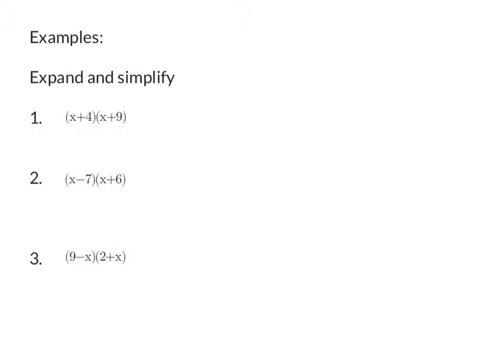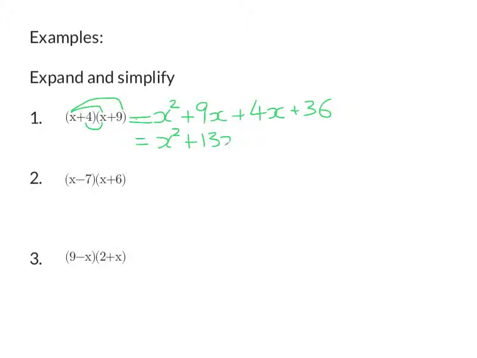Right, so I'm going to speed up significantly now. If we expand and simplify x plus 4 times x plus 9, we get x squared plus 9x plus 4x plus 36. We collect up our like terms, we get x squared plus 13x plus 36.